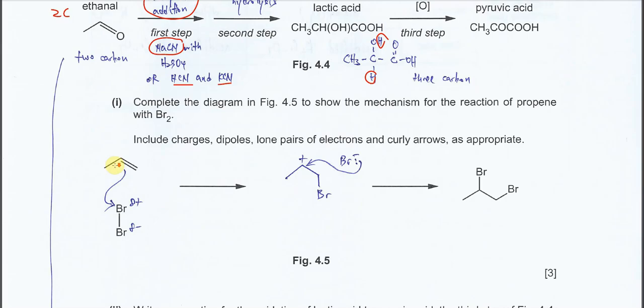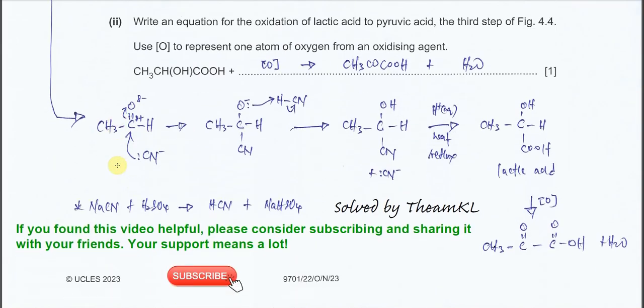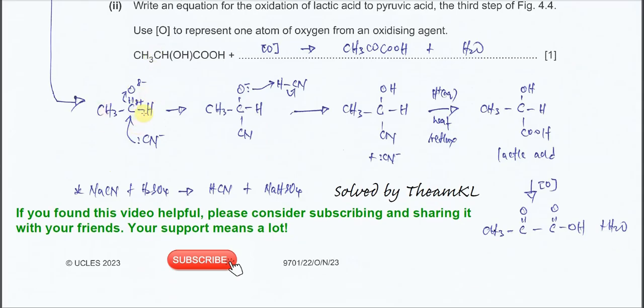Okay, so let's start the reaction. This is for the one from ethanal. For the first step, the ethanal will undergo nucleophilic addition. The cyanide ion will attack this carbonyl carbon.